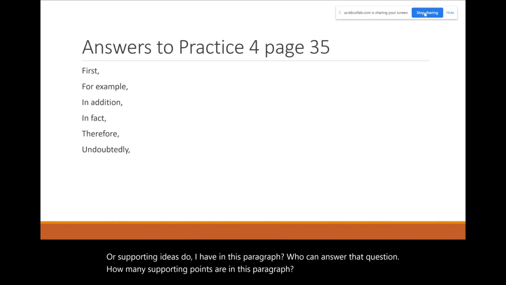We have 3 supporting points in this paragraph. That is correct, Alan. We have 3 supporting points. Now, how many supporting sentences do we have? This time we have to count the periods.